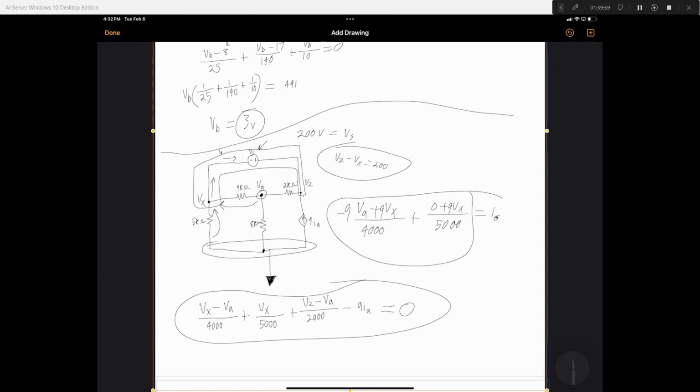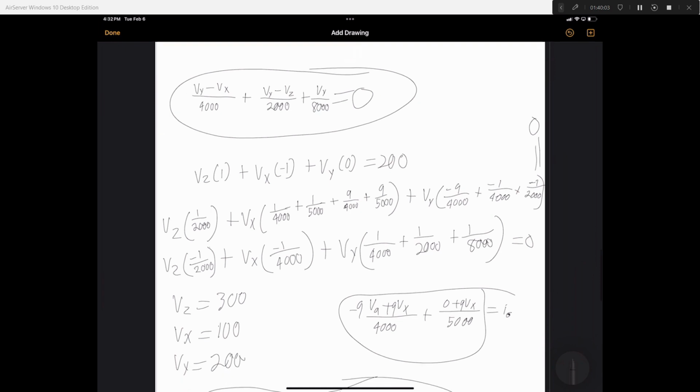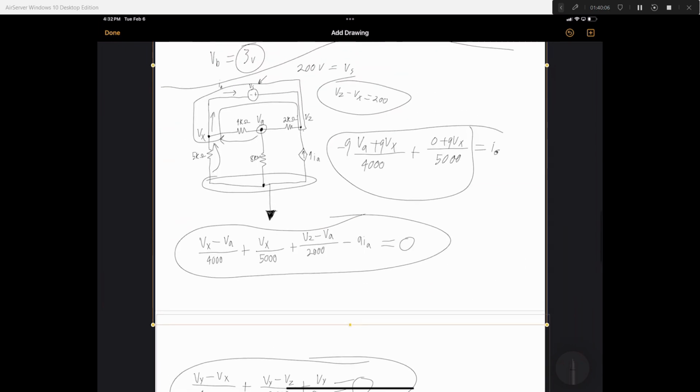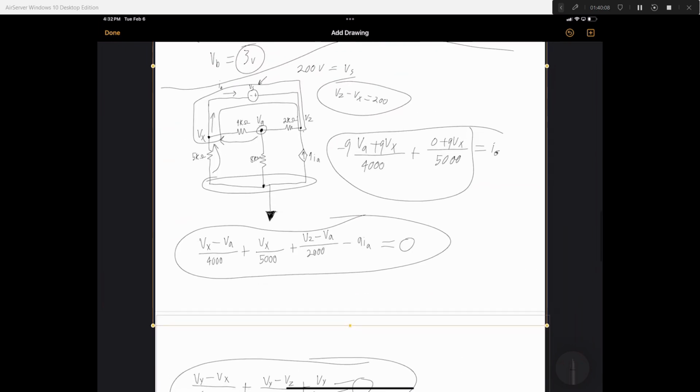And then we do a KCL at VA. That is this whole thing. And then we do another sort of KCL to figure out I sigma. We do a little substitution here.